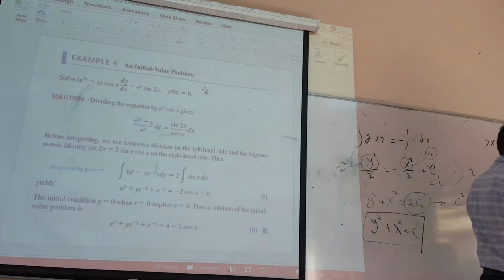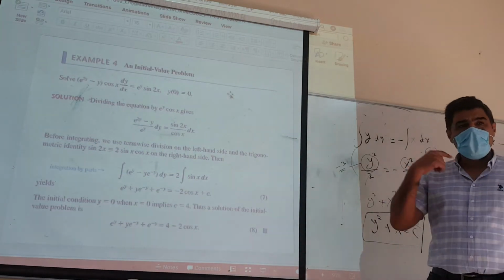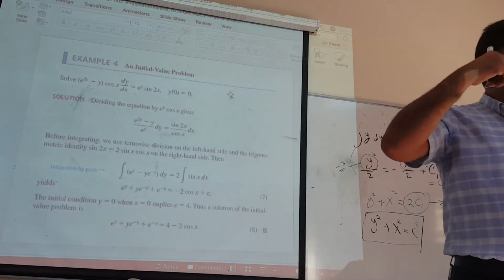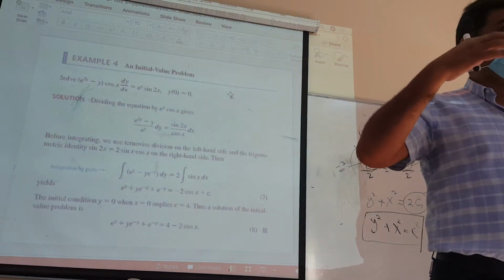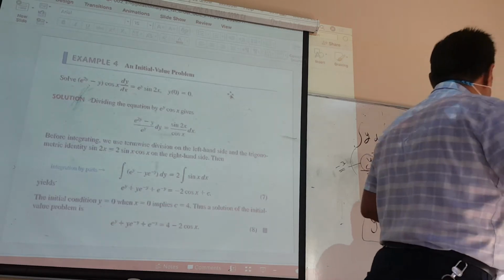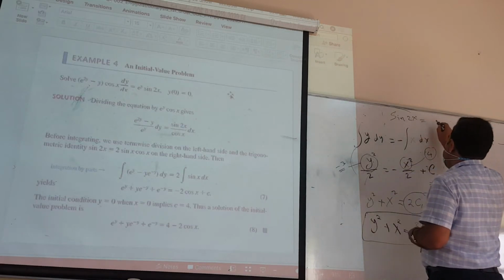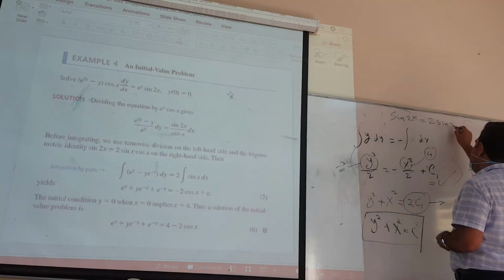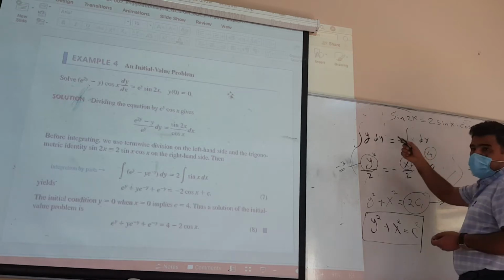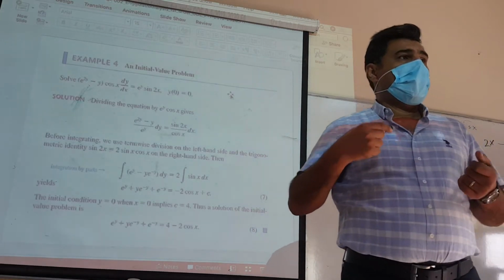In this case, whenever you reach an equation which contains sine and cosine, you have to remember the trigonometric equations. The equations related with the sine and cosine. For example, when you say sine 2x, it can be written as 2 sine x multiplied by cosine x, for example. So these are the original rules of trigonometry.